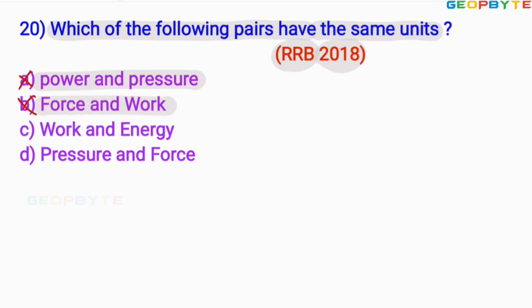No. Option C, work and energy? Yes. Work and energy both have the unit joule. Work is a kind of energy. Therefore, option C is absolutely correct. I hope you got my point.